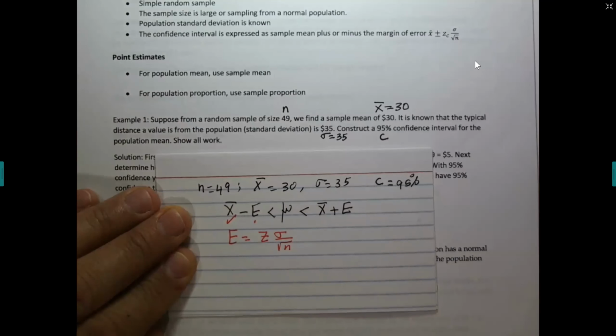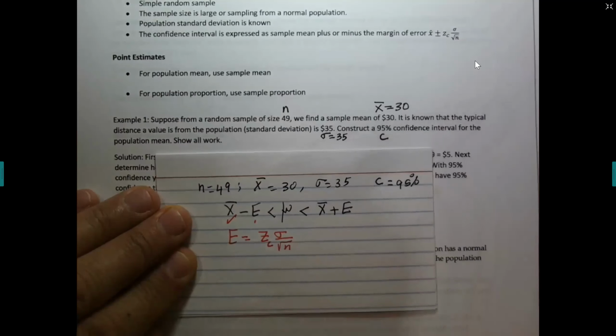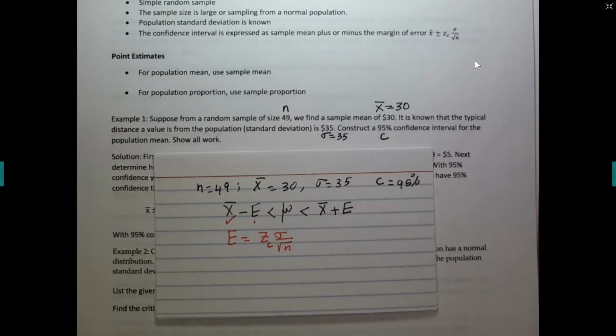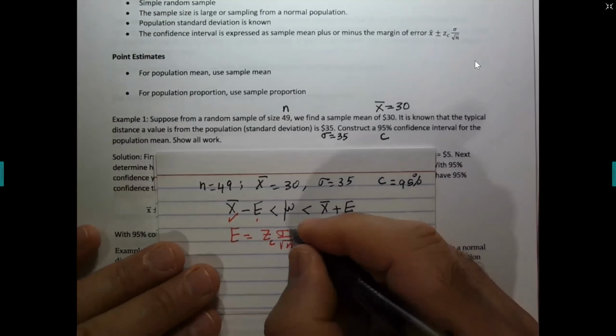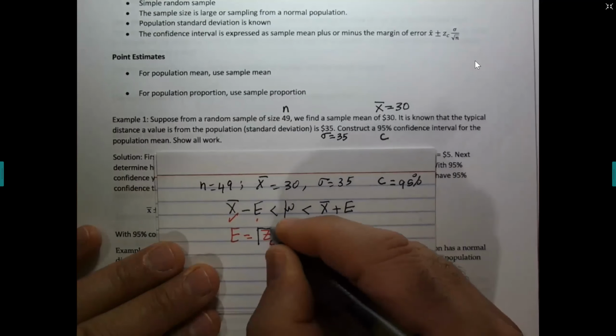In the book, they call it Z with a lower script C because this Z is based on the confidence level. So we're just going to put Z times sigma divided by square root of N. This is given. This is given. We just need to find that.